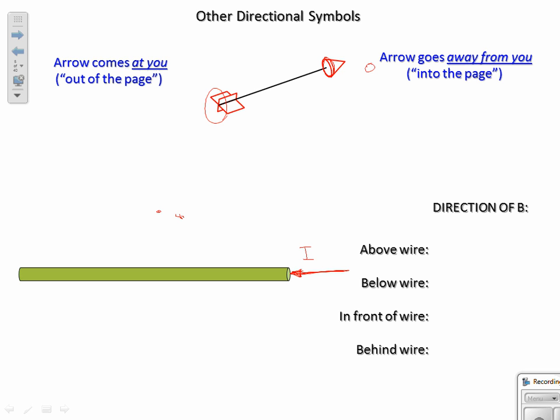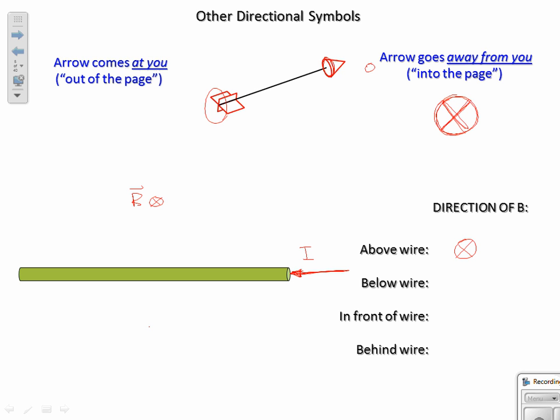So what I see is this symbol. There's the outline of that arrowhead, and here are those fins. That symbol in physics means into the page. So above the wire, because my fingers were trying to poke into the page, we use that symbol to represent the magnetic field there. I'm just going to write it: B here is into the page.